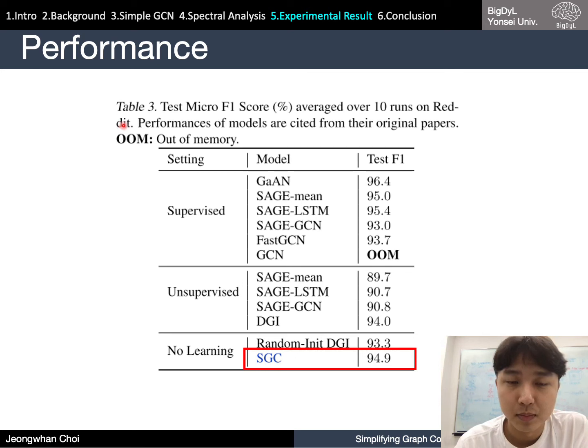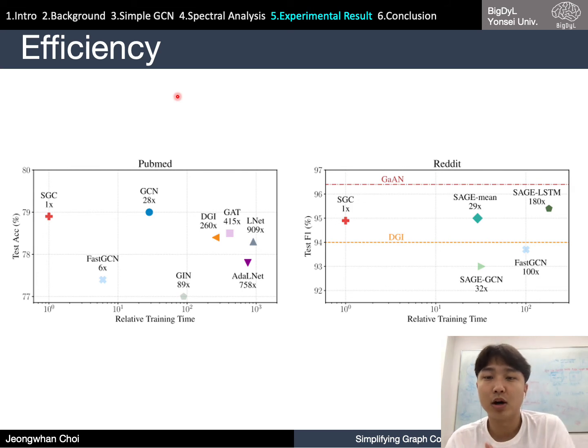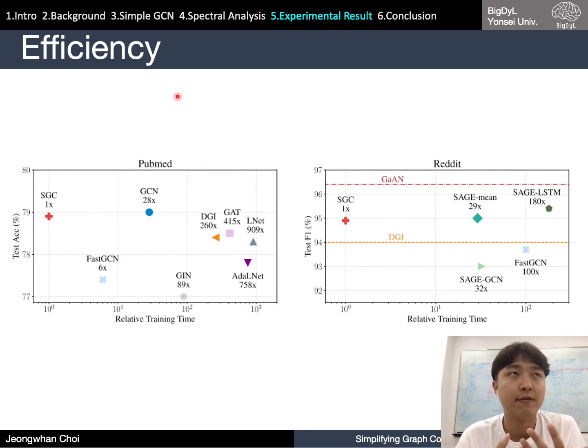And here, on the Reddit dataset, Table 3 shows that SGC outperforms the previous sampling-based GCN variants like SAGE GCN and Fast GCN by more than 1%. And this part is the performance of the state-of-the-art graph networks over their training time relative to that of SGC on the PubMed and Reddit datasets.